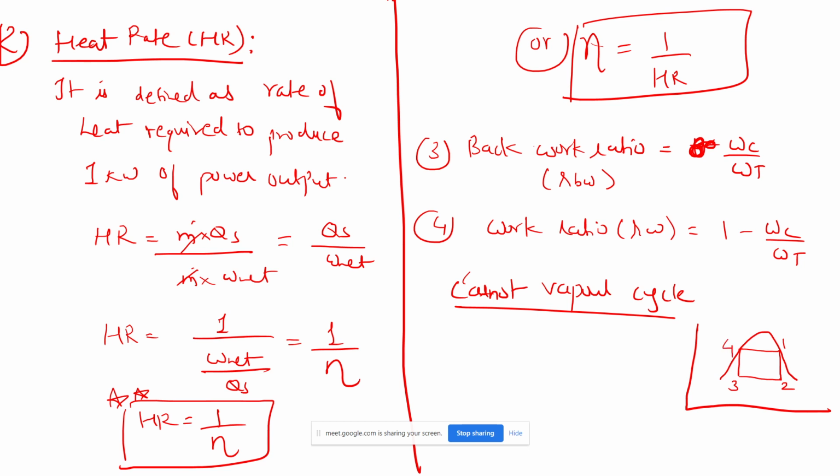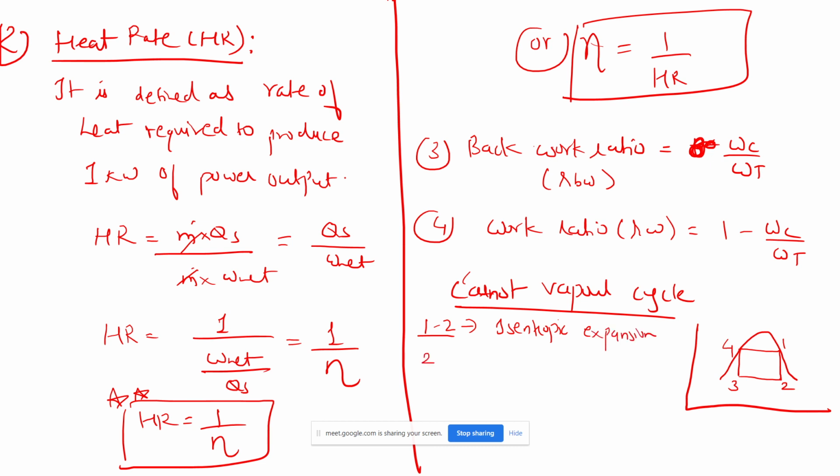I'll write here directly. 1 to 2 will be what? 1 to 2 will be isentropic expansion, because a reversible adiabatic process we call isentropic, so we will directly write isentropic expansion process.